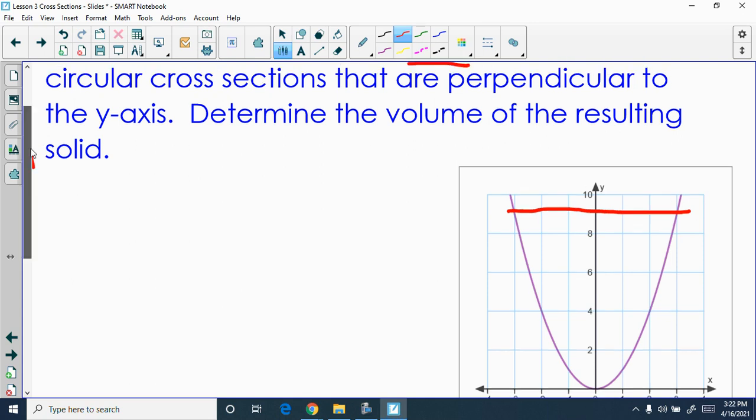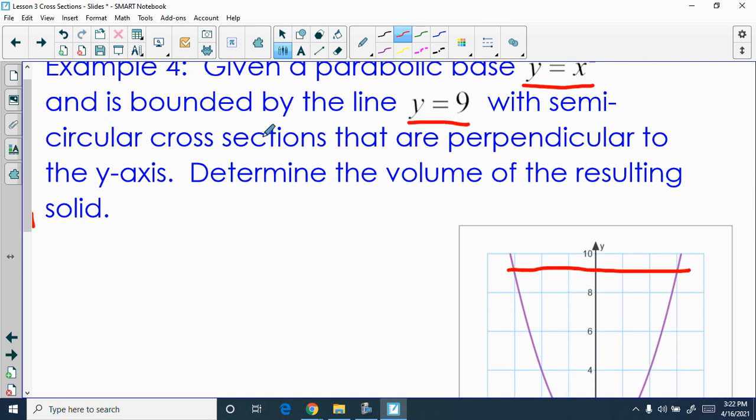Okay, and then we're doing semicircles. So that's going to be my area formula. Area equals 1/2 the area of a circle, which is pi r squared, perpendicular to the y-axis. So now we're doing dy, so we're with respect to y.